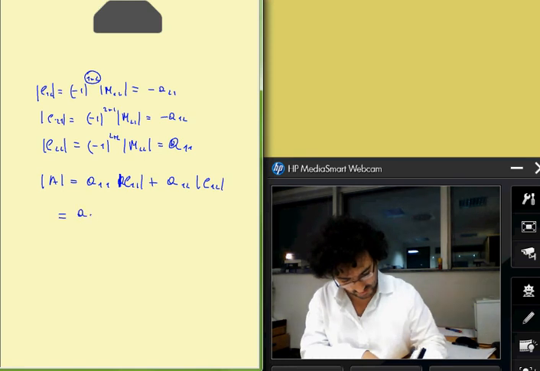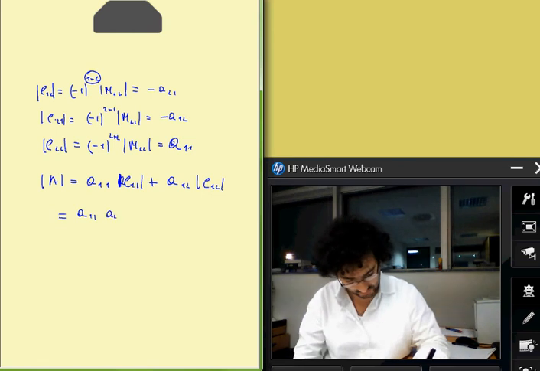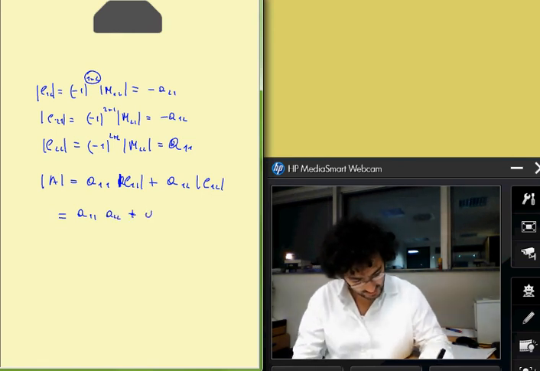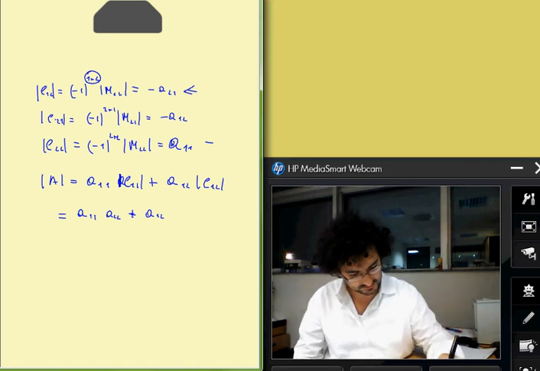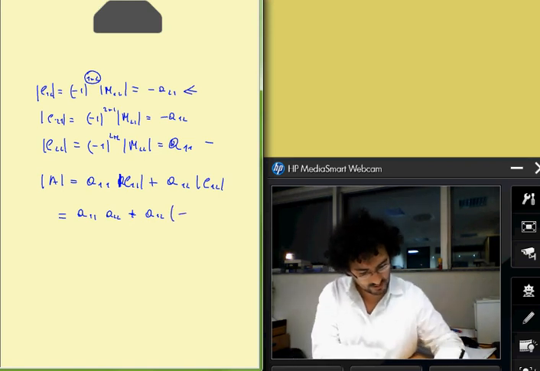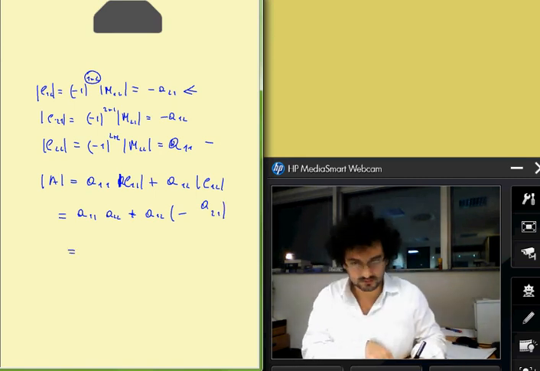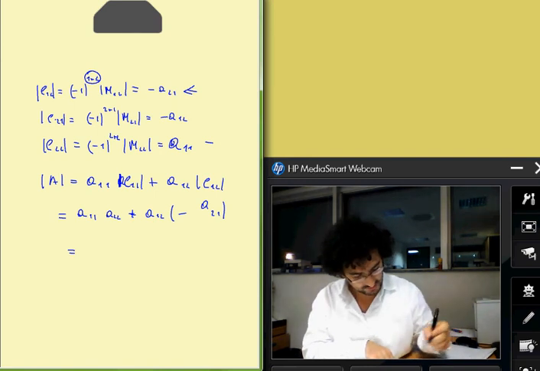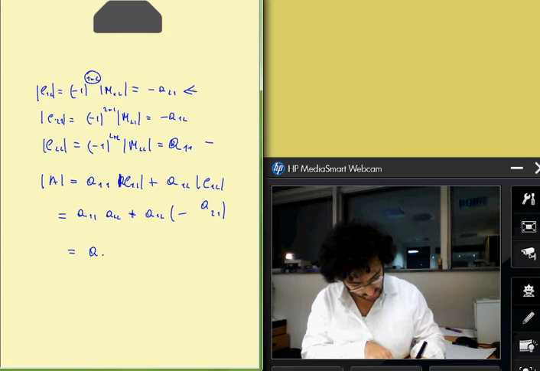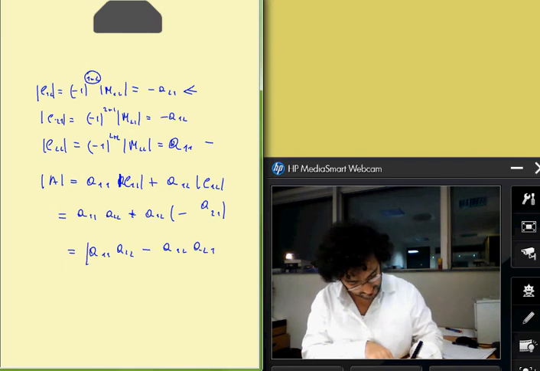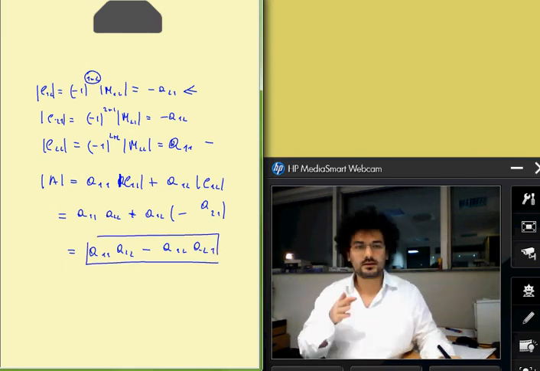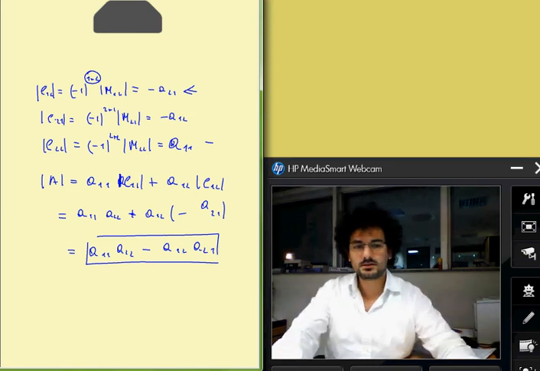So it will be equal to A11 times the cofactor C11, which is A22, plus A12 multiplied by the cofactor C12, which is equal to minus A21. So finally we get the well-known formula to compute the determinant of a 2 by 2 matrix, which is A11 A22 minus A12 A21. We get the same result if, instead of the first row, we take, for instance, the first column.